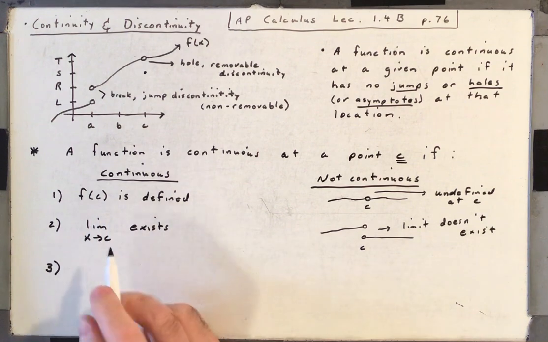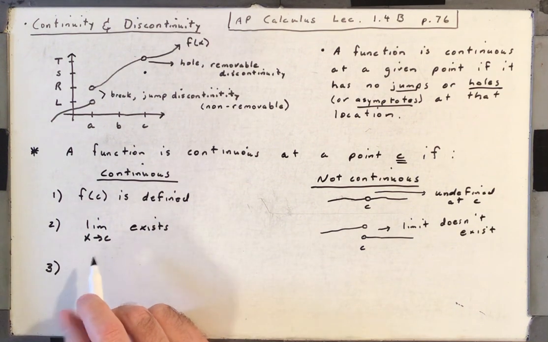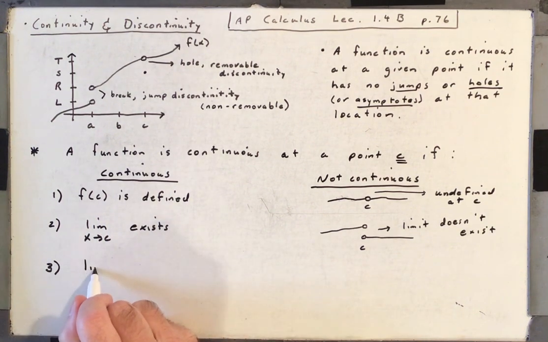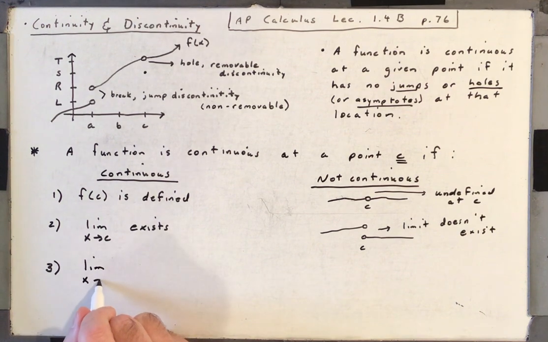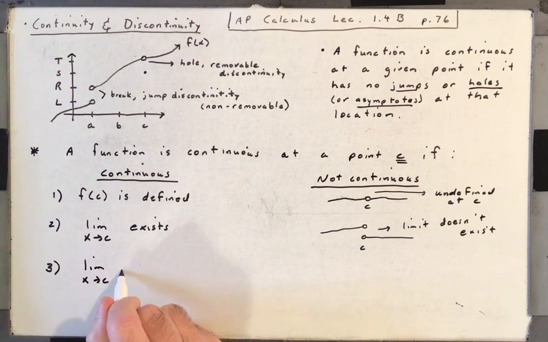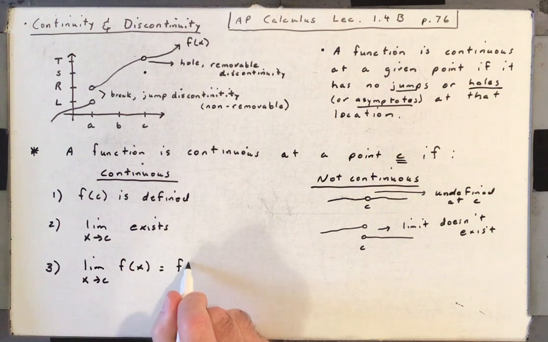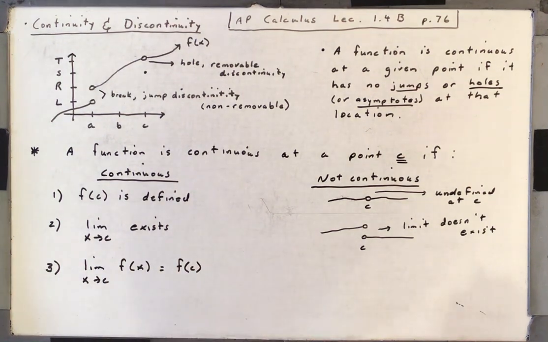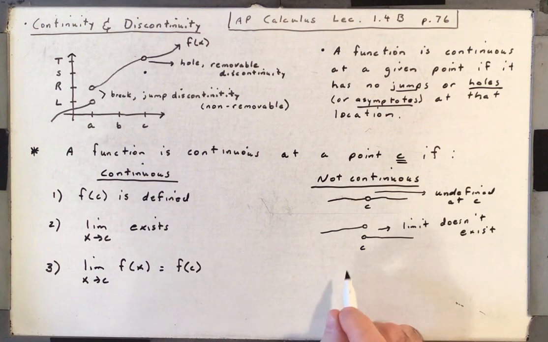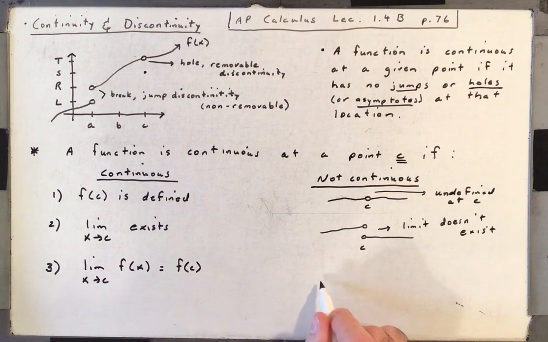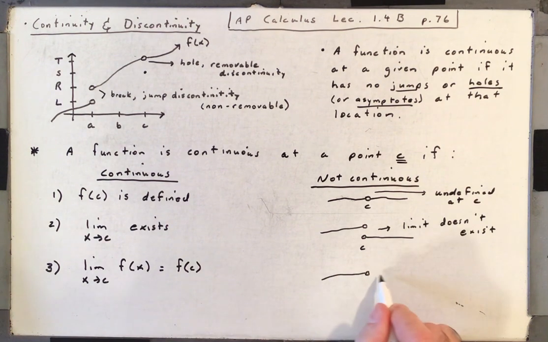The third thing that has to be true for a function to be continuous is that the limit as x approaches C of f of x has to be f of C. Maybe drawing what wouldn't be continuous would help. Let's say we had this, and then at point C we put a point there.